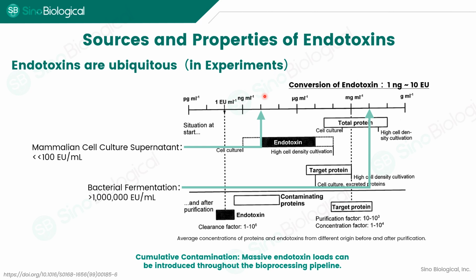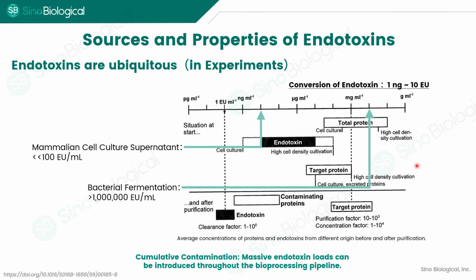Actually, the concentration of endotoxin in the biological production process largely depends on the source of the product and the manufacturing process. Ideally, when a product is derived from cell culture supernatant and the whole procedure does not bring any endotoxin into the manufacturing process, the final product should be completely free of endotoxin.